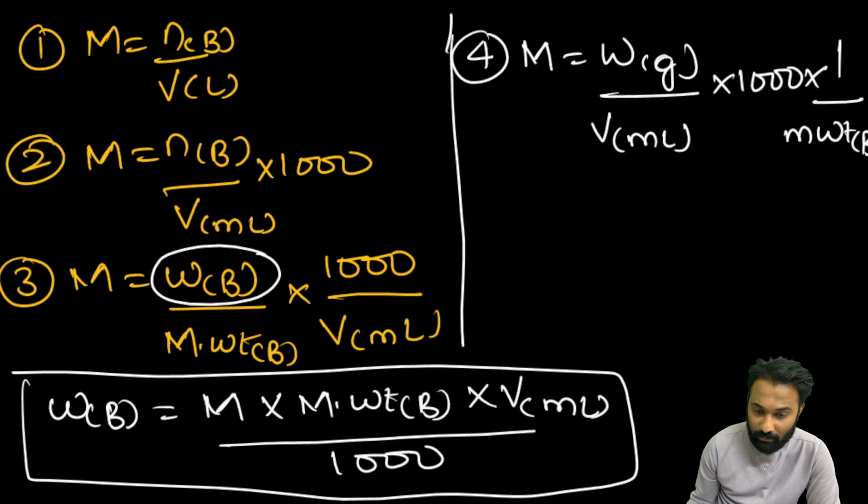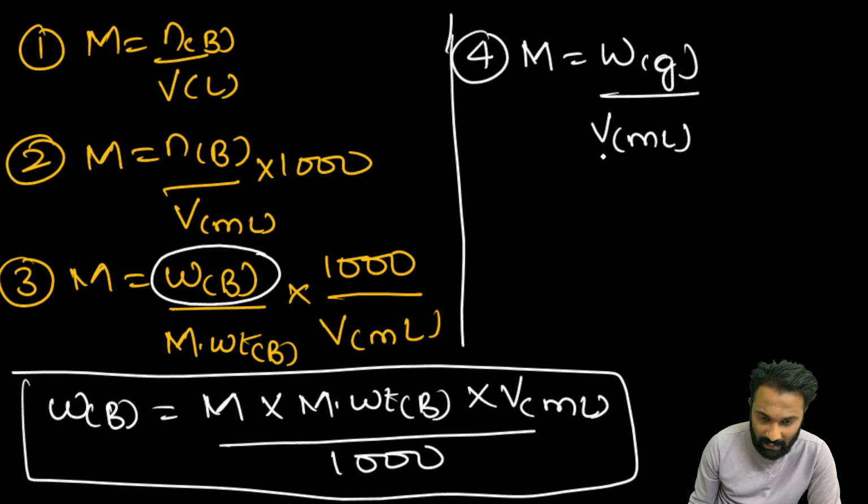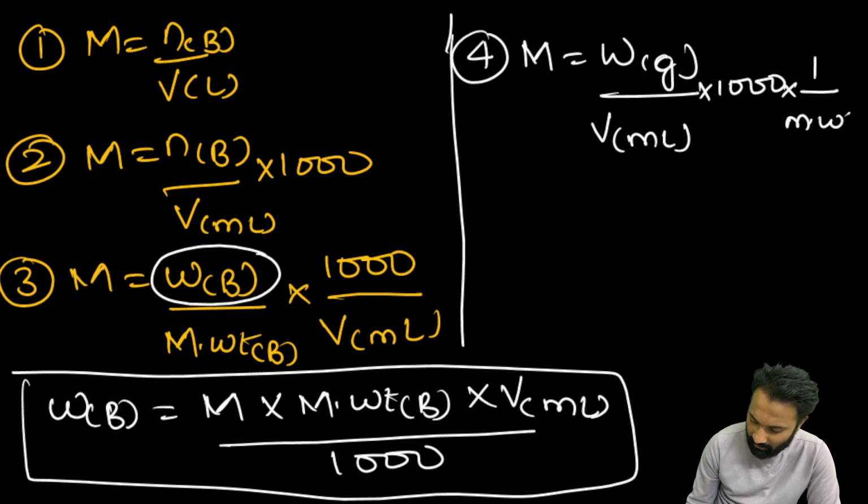Can I write? Molecular weight of the solute. Done. Better I will expand here. I write this formula in this manner: weight of the solute in grams by volume of the solution in ml, into 1000, by molecular weight of the solute.